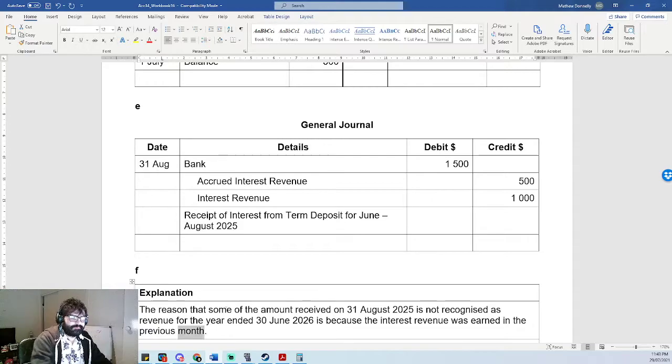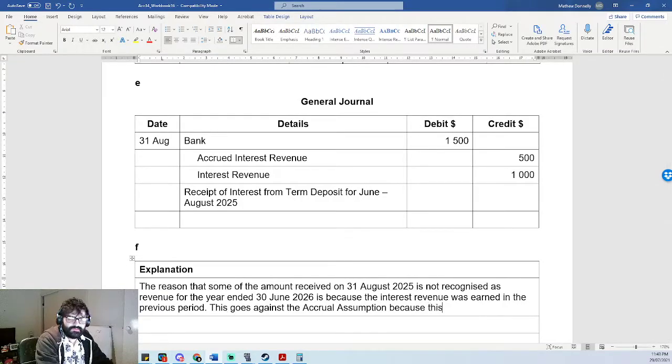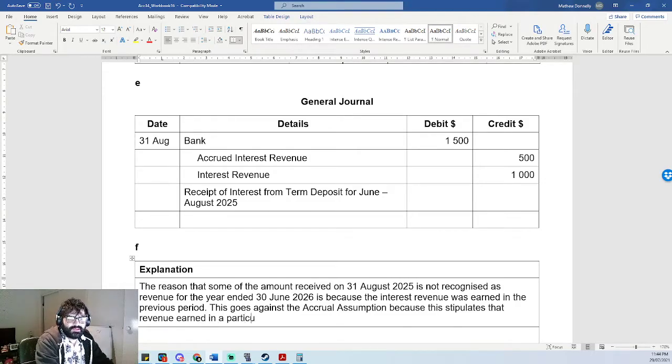and then you can really just get the creme de la creme, and you could go, this goes against the accrual assumption, because this stipulates that revenue earned in a particular period is recognized in that actual period.